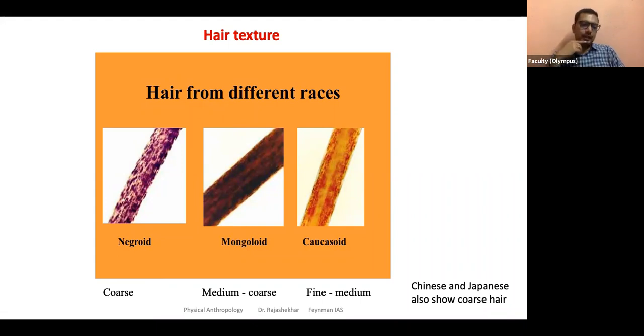Coarse hair is commonly seen in Negroids, and medium to coarse hair is more common in Mongoloids. Fine to medium hair is seen in Caucasoids, medium to coarse in Mongoloids, and coarse hair in Negroids.